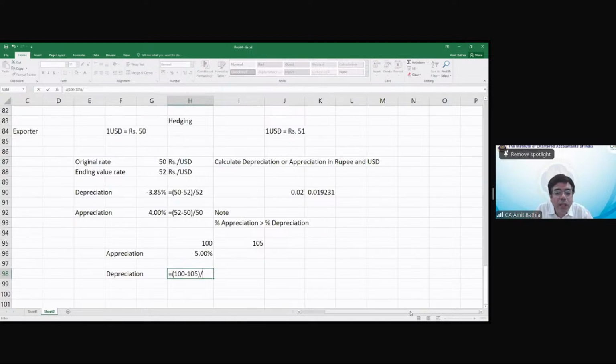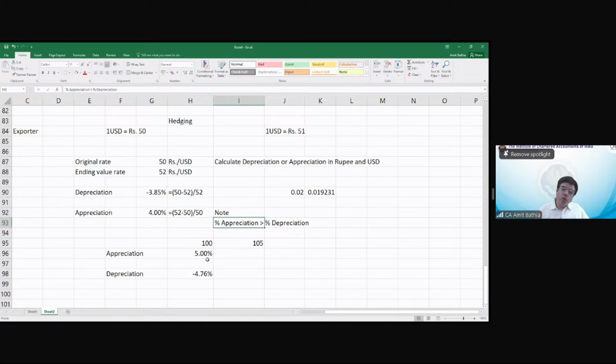Do I need to take over here 105 or 100? 105. My currency has essentially depreciated, right? So value over here will be 105 for me. So you can see over here, my percentage is coming as the lower value. Is the depreciation percentage lower than my appreciation value? Getting this? Yes, sir. Right?